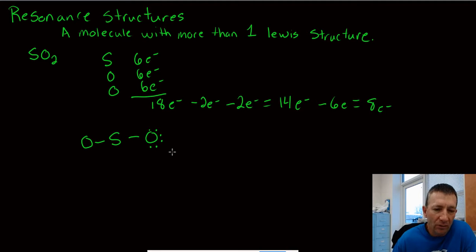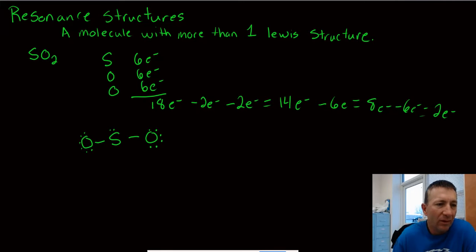With 8 electrons left over, we go 1, 2, 3, 4, 5, 6 there. Minus 6, and then we've got 2 electrons right there. We put the 2 electrons on the top.